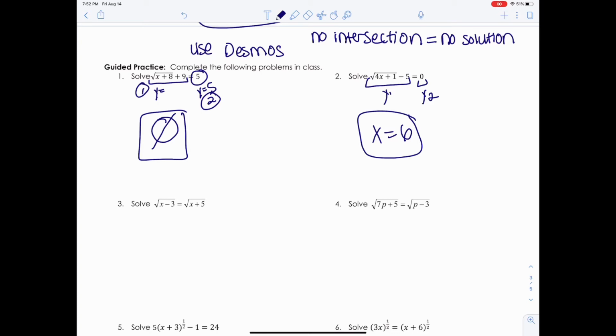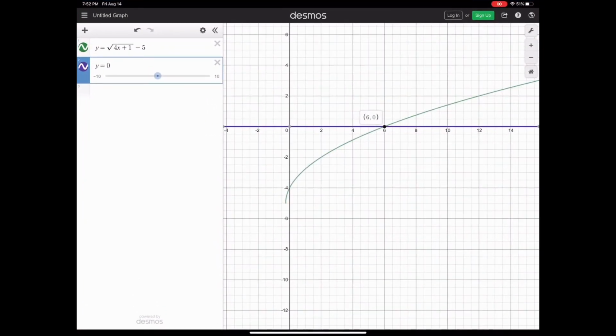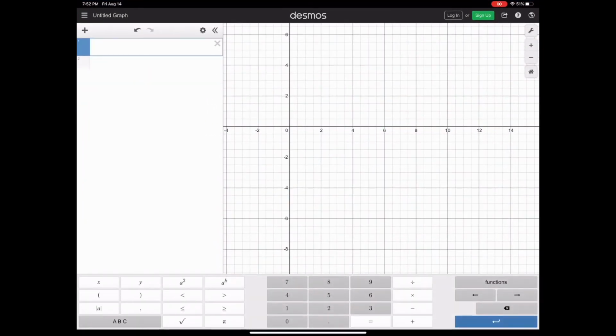All right, so for the next one, we just plug these in. This would be one of the y's. This would be your other y. So this is like y1 and y2. These are what you would plug in into your Desmos. So y equals the square root of x minus 3.